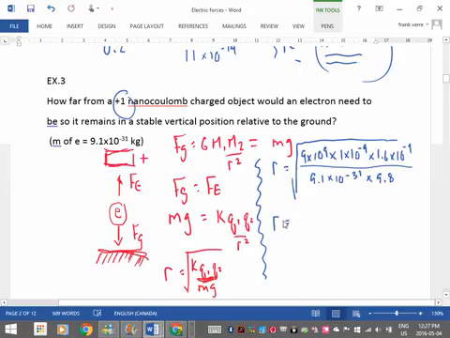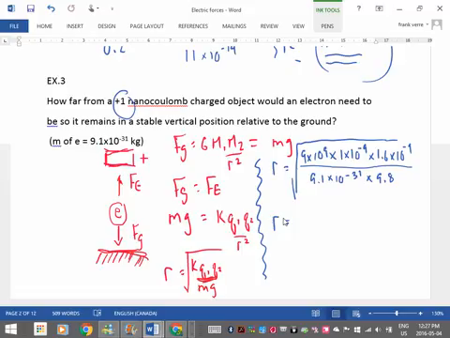All right, so a lot of numbers here. The numbers themselves are small, but you're dealing with large exponents, like 10 to the negative 31. These are big numbers to manipulate. So 9 times 10 to the 9 and 1 times 10 to the negative 9 pretty much cancel out. That leaves you with just 9.